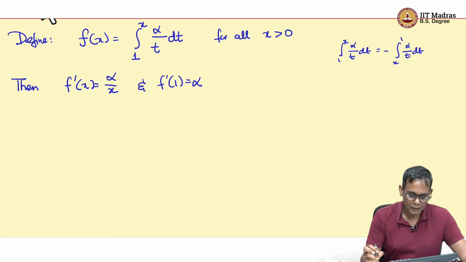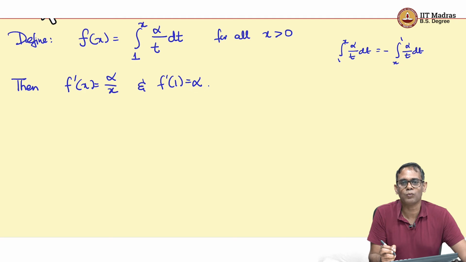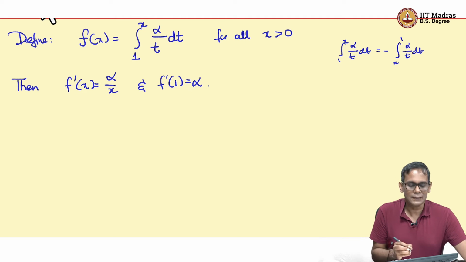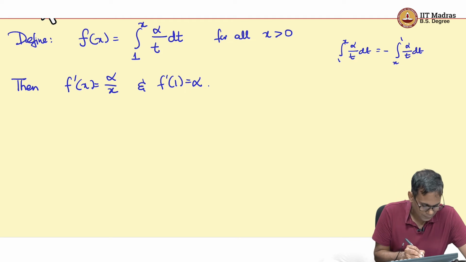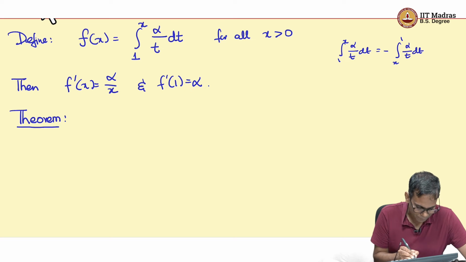So, here we have this function which we have defined whose derivative at x is alpha over x and its derivative at 1 is alpha. So, let me summarize this discussion in the form of a theorem. And this theorem sort of characterizes the logarithm.